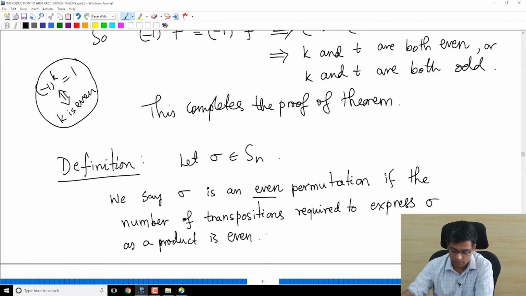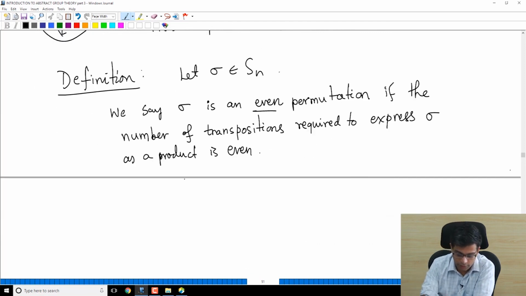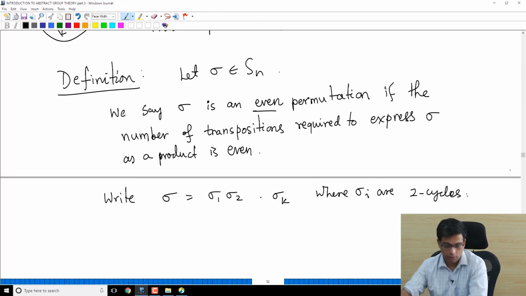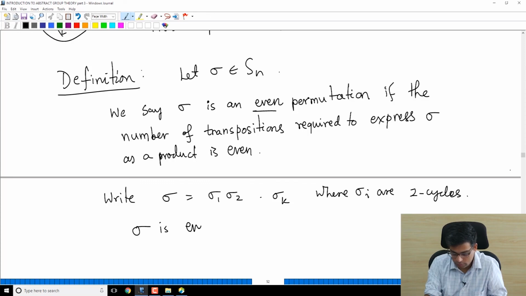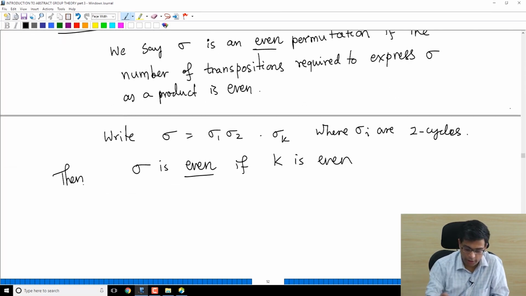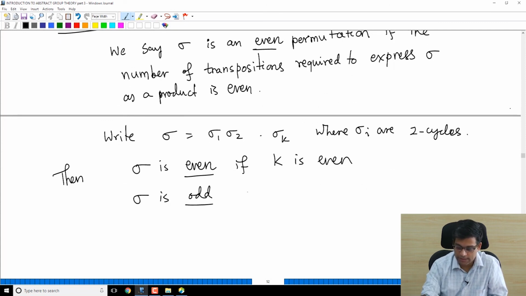This is perhaps an unnecessarily long sentence, but what I am saying is: write sigma as sigma 1, sigma 2, ..., sigma k, where the sigma i are 2-cycles or transpositions. Sigma is even if k is even. So after you write sigma as a product of transpositions, we can determine that sigma is even if k is even, and sigma is odd if k is odd.